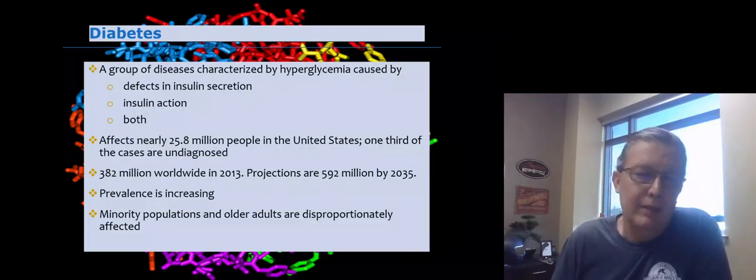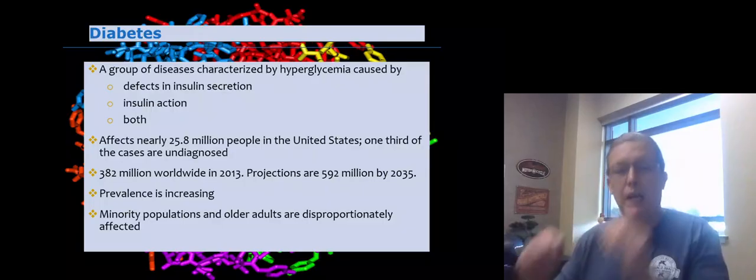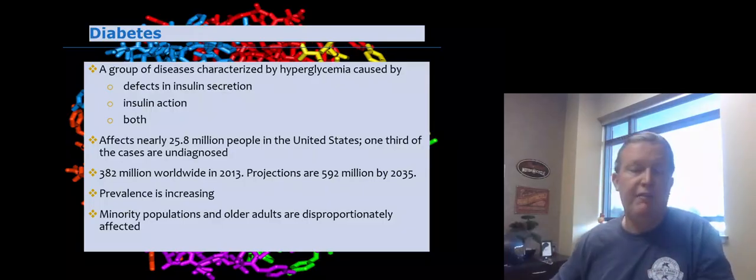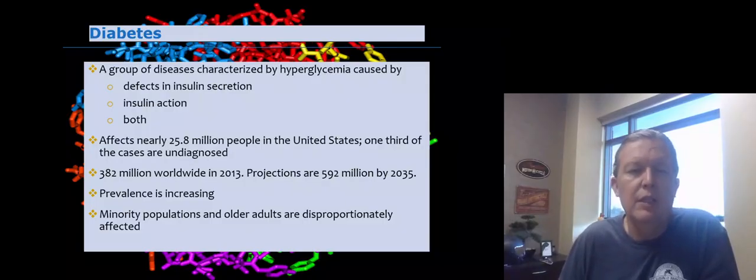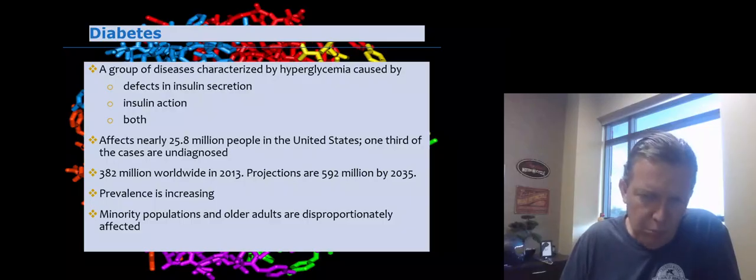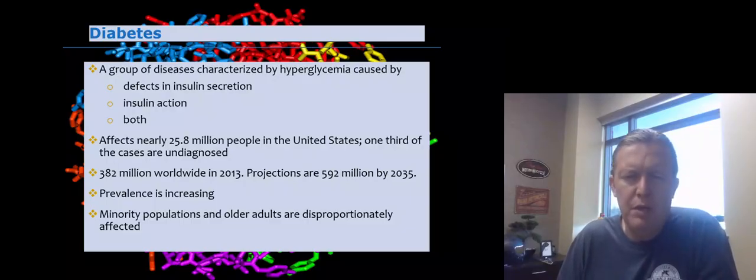both. And also it could be what's not listed but implied is the effect or response the organs make to the insulin that is produced. Generally, it affects about 25.8 million people in the United States, and a third of all cases are undiagnosed, so that number is potentially even higher.